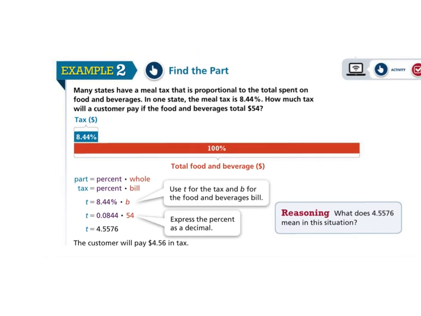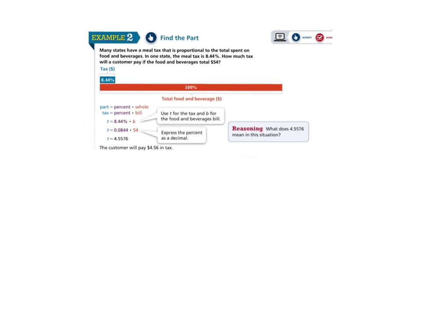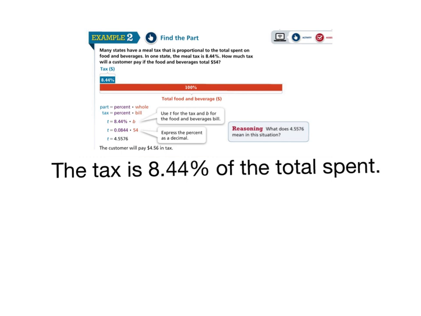Okay, so basically what they're saying is the tax is 8.44% of the total spent. So if we go off of that, we could say the tax, that's what we're trying to find, is 8.44%. So we change that to a decimal. Change the percent to a decimal.